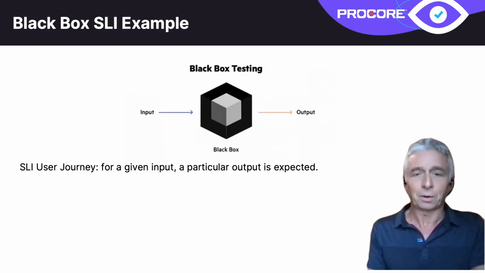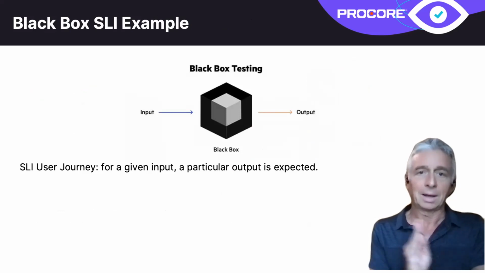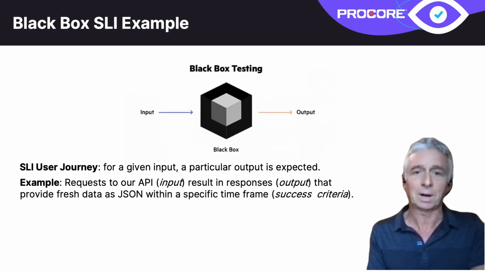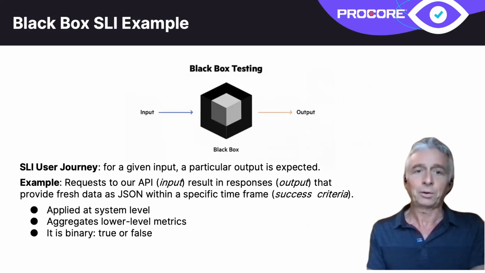Now let's apply these concepts to our SLIs. Conceptually, a user journey aligns with a black box paradigm. For a given input, a particular output is expected. For example, requests to our API result in responses that provide fresh data to clients within a specific time frame. Now let's consider a few aspects of this SLI.